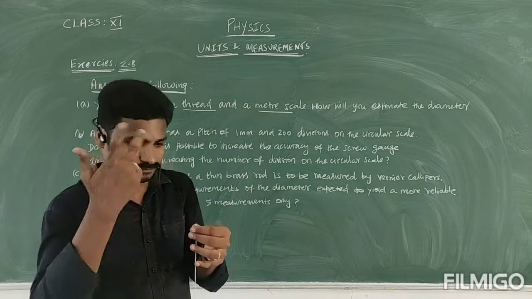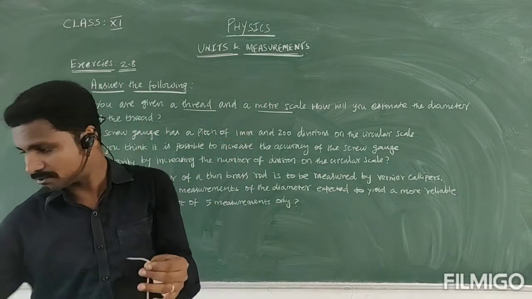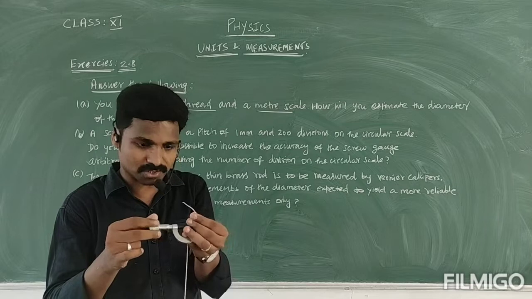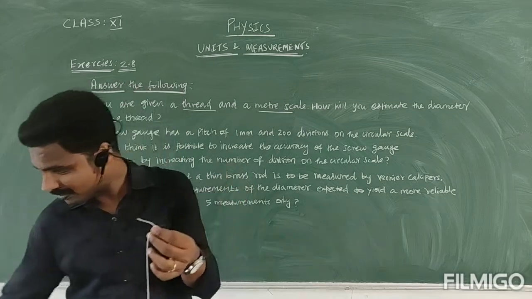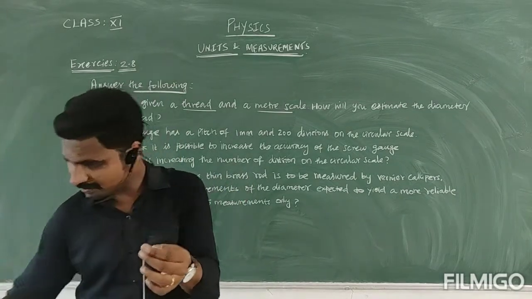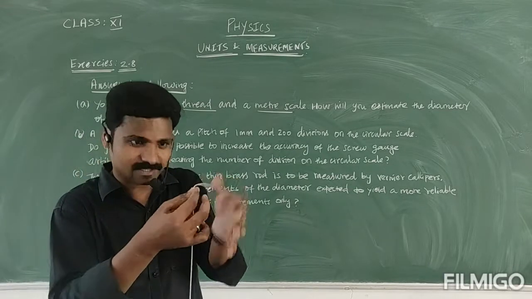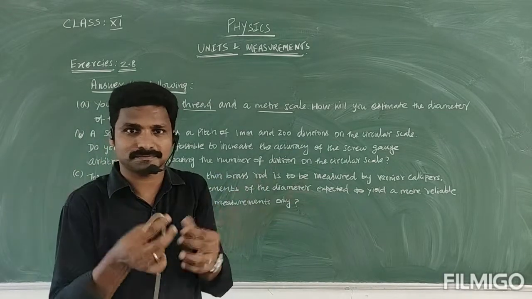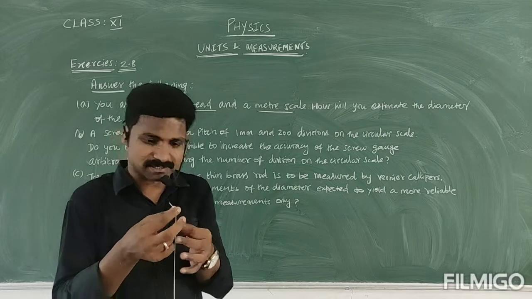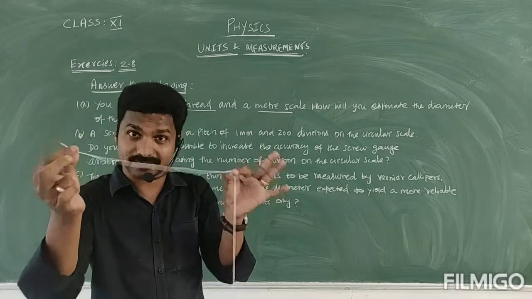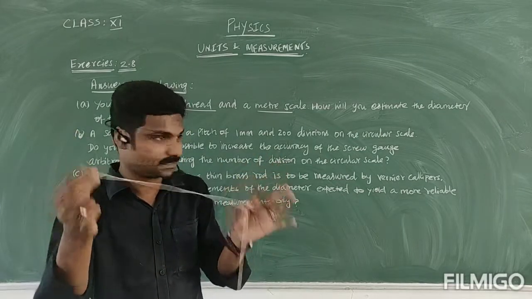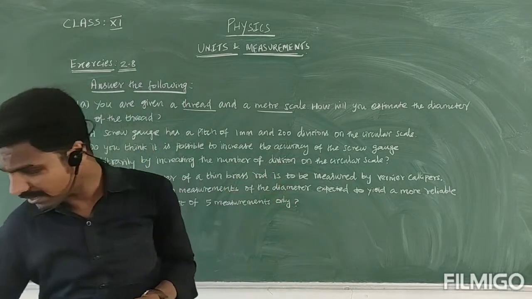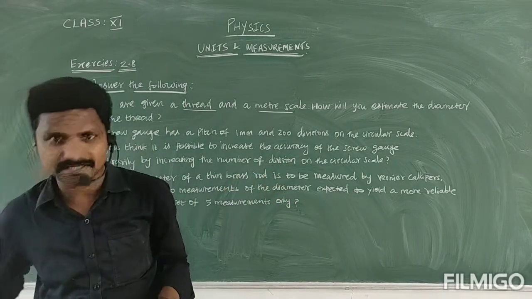Suppose if I use a screw gauge, what will happen? Here the two jaws will be compressed on the thread, so we don't get a perfect value. Without disturbance only, we want to measure the diameter of the thread. Is it possible?